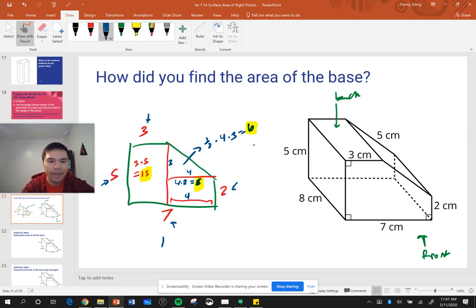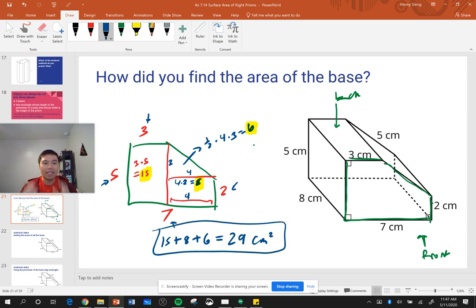So if it's 15 plus 8 plus 6, that gives us, let's use our calculator, 23 plus 6, I think it's 29, but let's just double check. That gives us 29. So I know the area of this base, the area of this green part, this face part, is going to be equal to 29 centimeters squared.